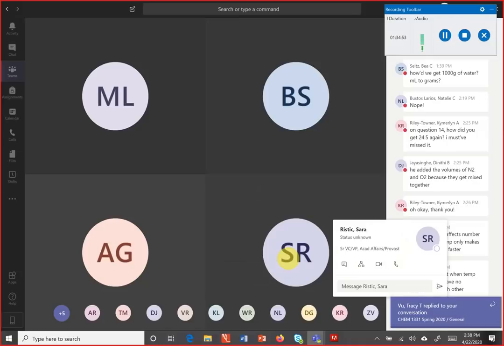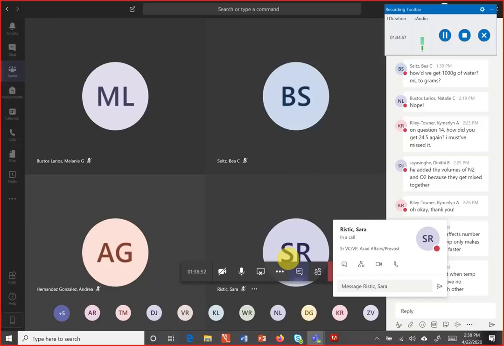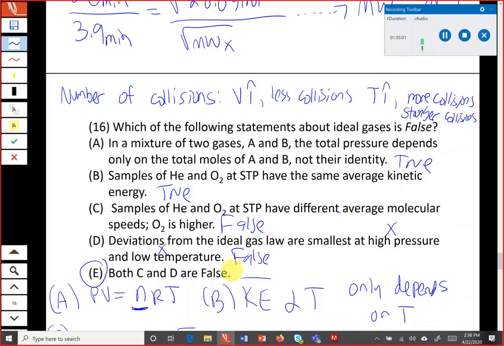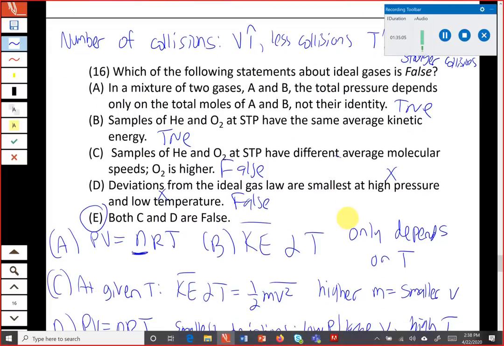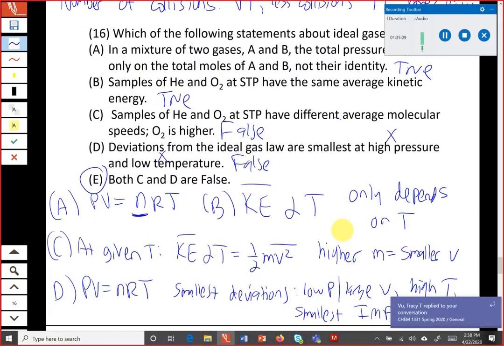And then it says, but you said when the temp increases, they have no attraction to each other. So the number of collisions and the attraction are two separate things. In an ideal gas, the gas molecules are colliding with each other all the time, but the ideal gas equation assumes that the collisions are elastic, meaning that the gas molecules just bounce off of each other and don't stick together. In real life, if you have intermolecular forces, the gases are going to attract each other to some extent.